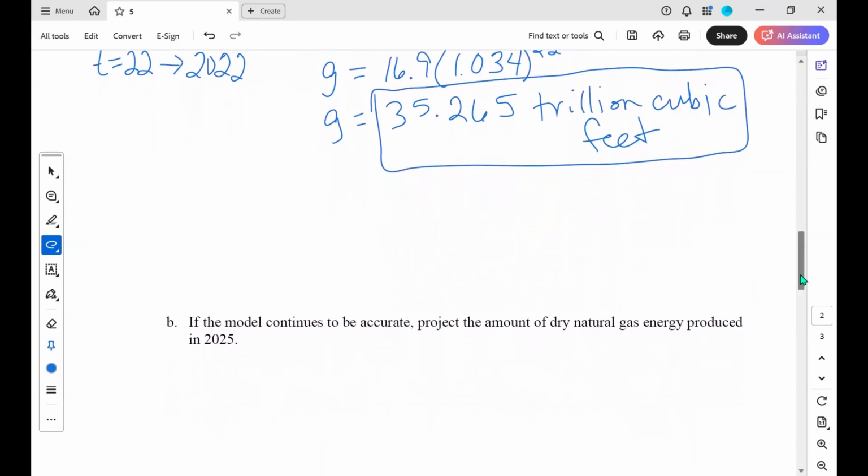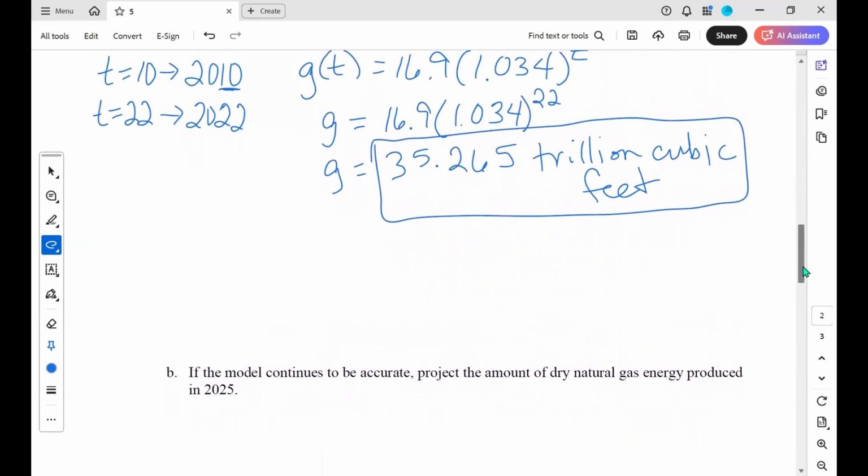All right, so it says if the model continues to be accurate, project the amount of dry natural gas energy produced in 2025. So again, we're going to use the G of t equals 16.9 times 1.034 to the t. And we want to know for 2025.